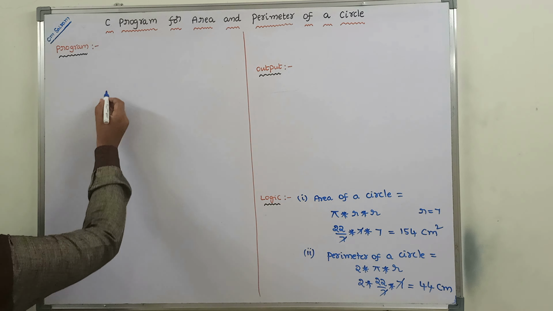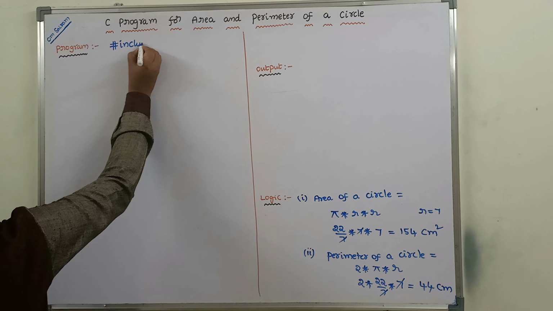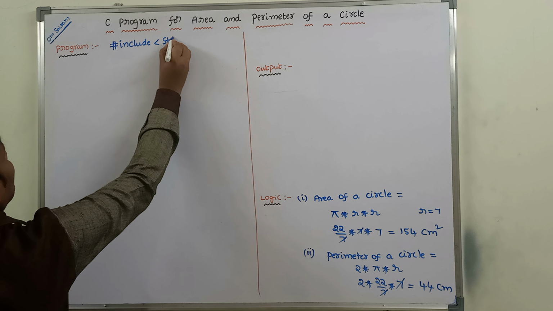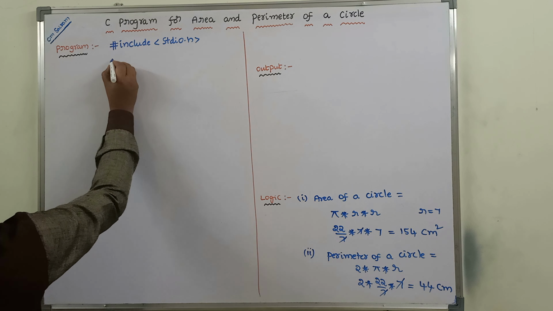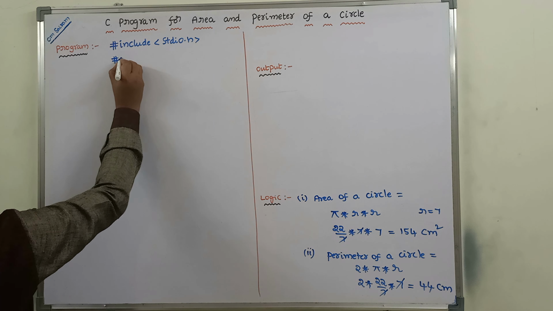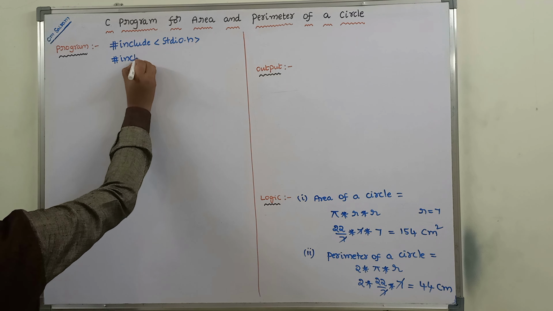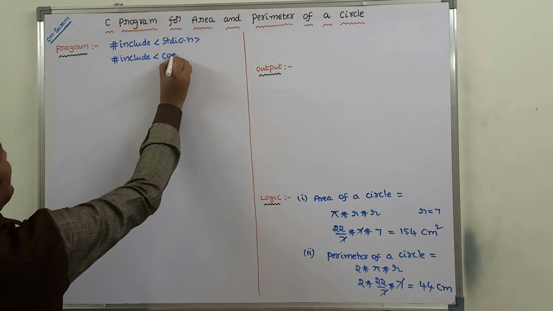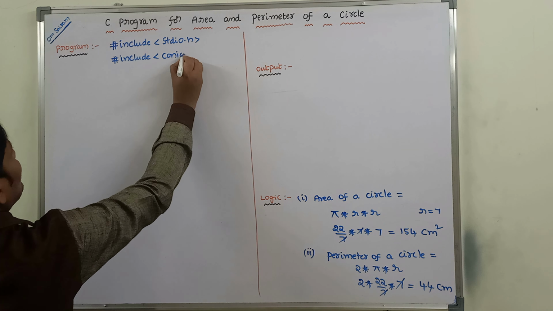Hash include stdio.h, the standard input output header file. Next, hash include conio.h, the console input output header file.